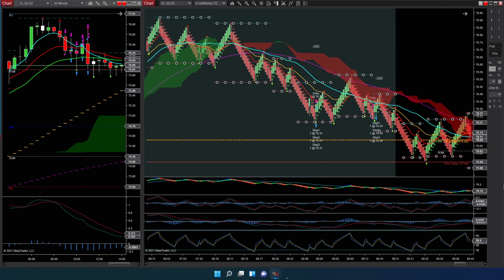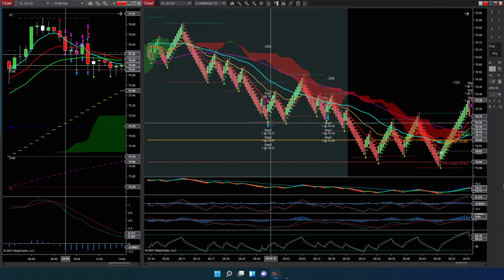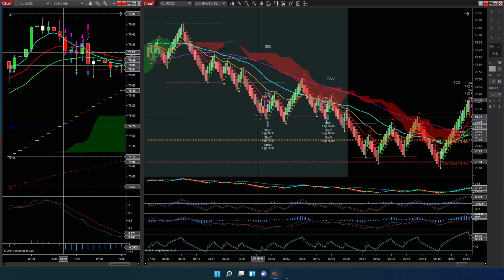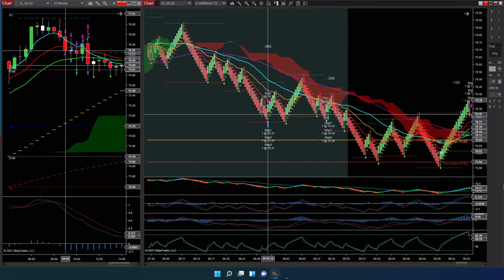Then I took it down there. Not good, but I took the trade anyway. It immediately reversed on me. I took the last tick, and then it reversed. So a $300 loss in there.